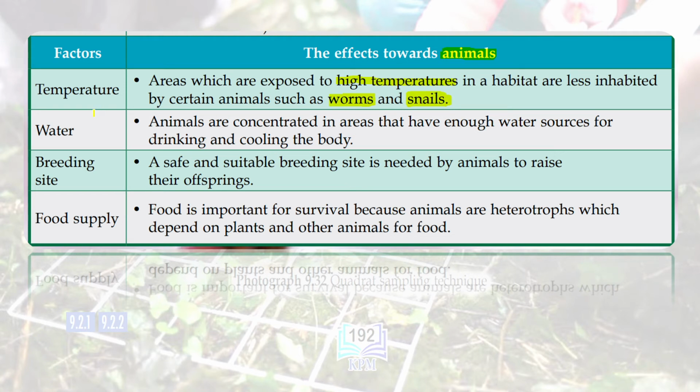Too extreme. Ataupun faktor kedua adalah air, water, where animals are concentrated in areas that have enough water sources. Maksudnya ini akan ada lebih organisma tinggal di sesebuah kawasan yang ada air yang mencukupi. Kalau kawasan itu adalah kering, kawasan itu selalu tidak cukup air, okay, definitely it won't have high density of organisms lah.